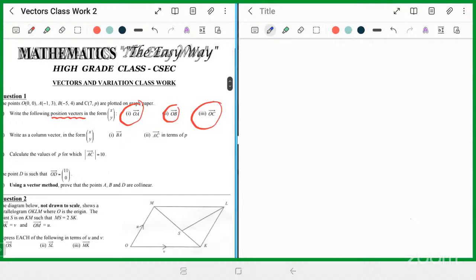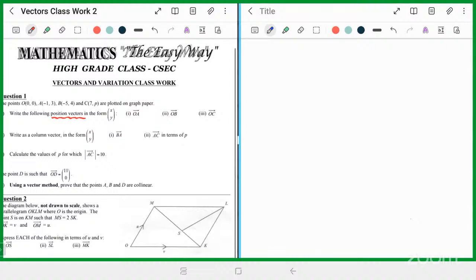Remember, this needs no calculation if you know the coordinates. The position vector will have the same values as the coordinates, because the position vector is the vector that will take you from the origin to a point, and the coordinates are how you get from the origin to a point. So technically, you're doing the same thing.